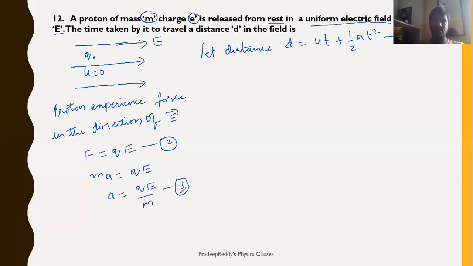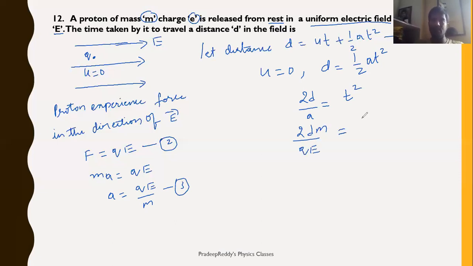Substituting this acceleration in equation 1, you can find out equation for t. As proton is starting from rest position, u can be 0. Therefore, d will be equal to half a t square. 2d divided by a is equal to t square. 2d divided by QE by m is equal to t square.